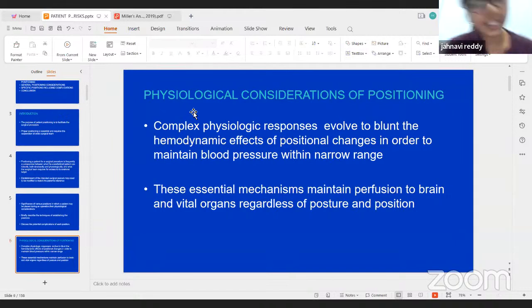Yes, ma'am. For example, if the person is reclined from standing to supine position, it will lead to increased venous return to the heart, ma'am. So it might lead to increased stroke volume and increased cardiac output, and it will lead to increased arterial blood pressure. So the blood pressure should be maintained in a narrow range, and we have to get the blood pressure to the normal level.